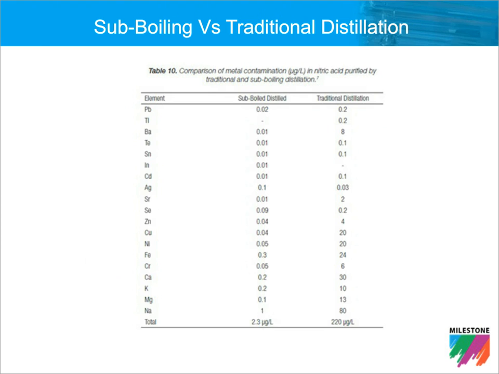Dr. Nobrega showed this slide to you earlier, and really it's quite amazing that when you look at the total contaminant level in sub-boiled distilled versus traditional distillation, sub-boiled distilled has an order of magnitude less contamination than the traditional approach.